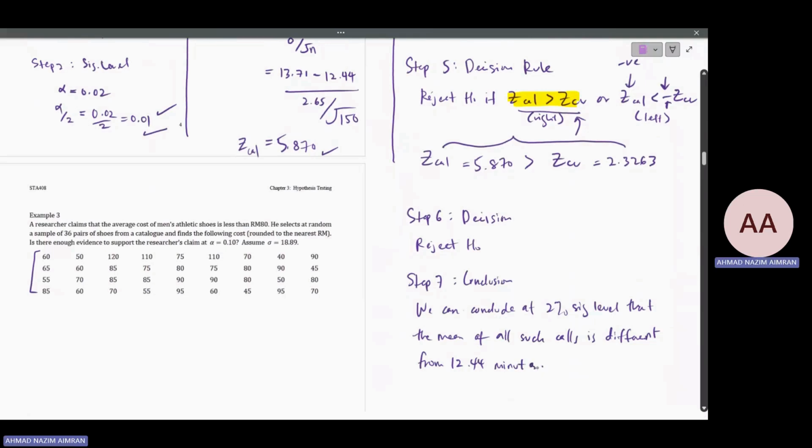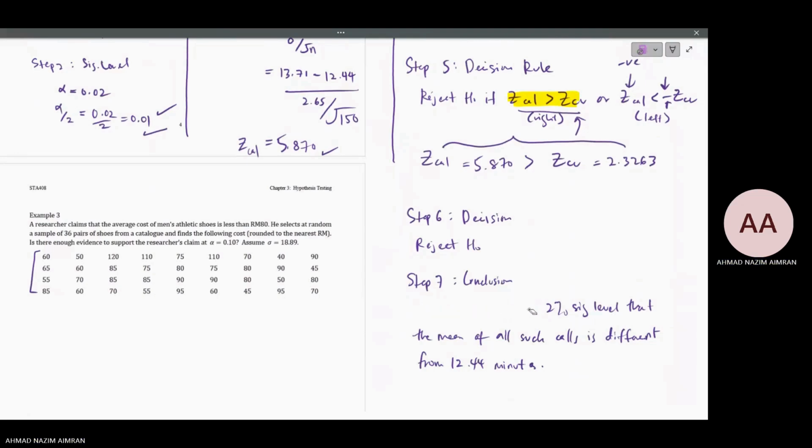So again, I think it is better to write the conclusion like this: at 2% significance level, it is sufficient to conclude that the mean length of all such calls is different from 12.44 minutes.